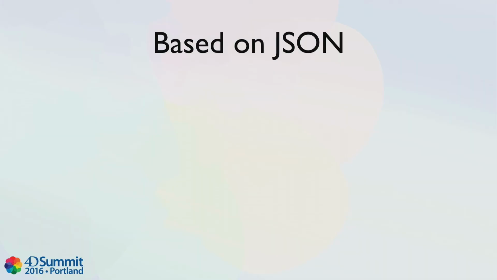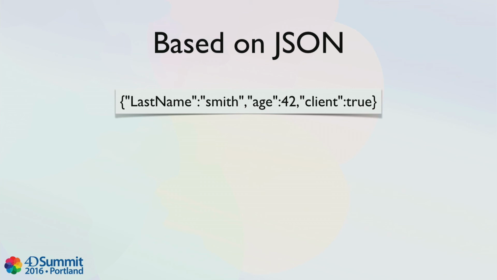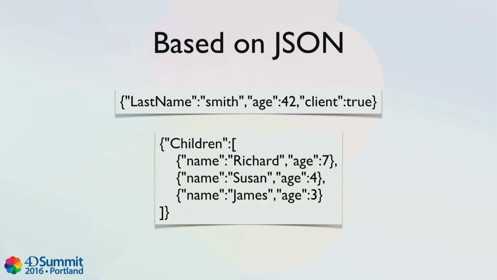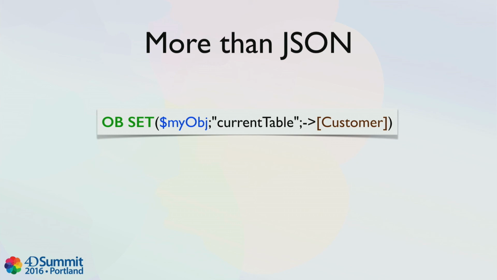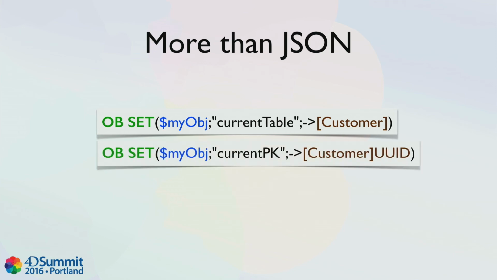It's based on JSON, like this simple one, or this one. But that's more than JSON. In fact, with Object set, we can use a pointer on a table or a field.